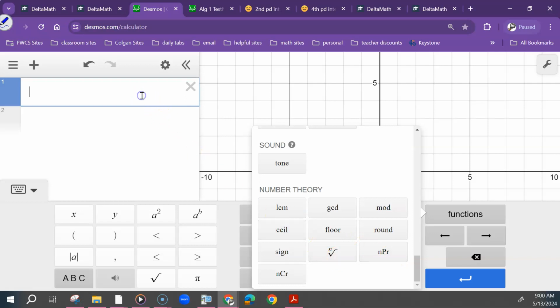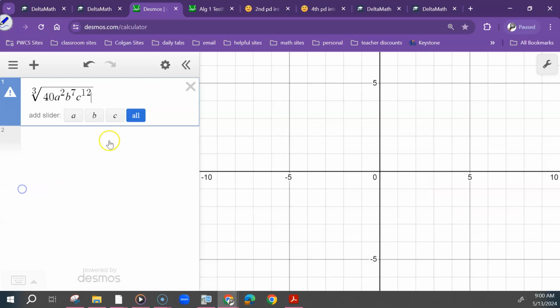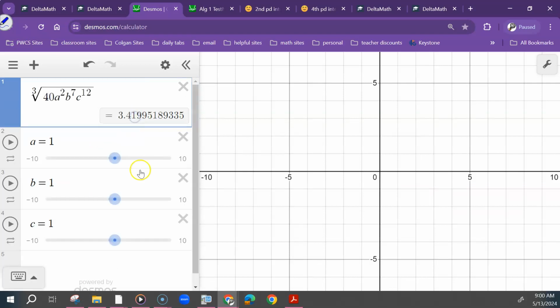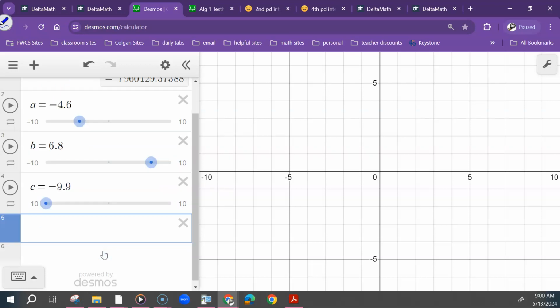So either or. Add in all your sliders. Because it's a cube root, it doesn't matter if they're positive or negative. You can change it to whatever you want. And then you could start typing in the answers and see which one matches.